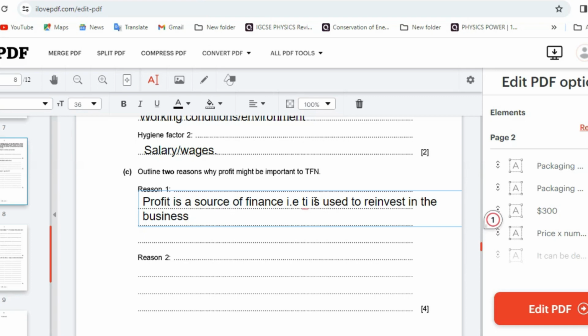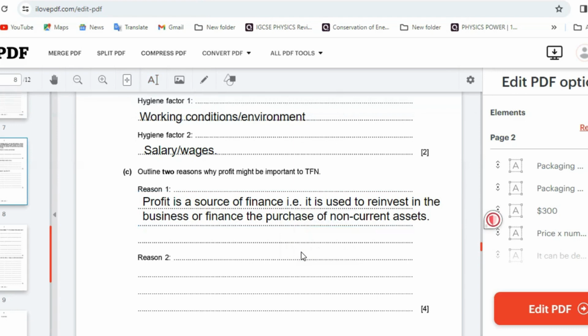Let's try and put it, because we were told to outline, is to invest in the business or finance the purchase of non-current assets, that is the fixed assets. It can also be used to pay back loans, and we can put it for 37 shops.